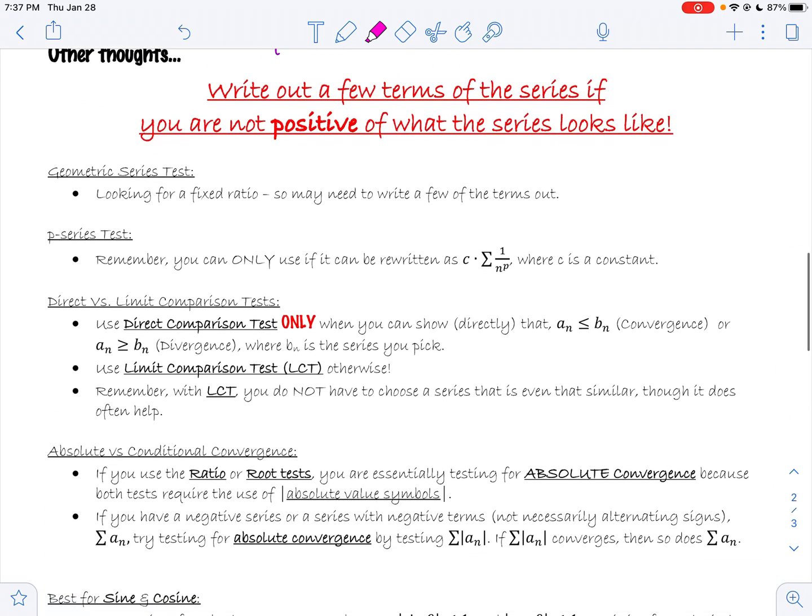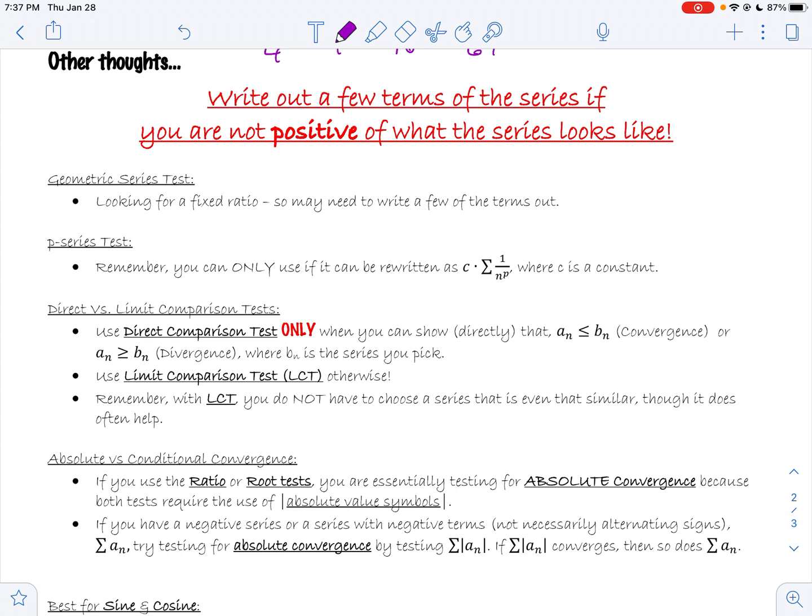And then some other thoughts that I wanted to say. First, and this is really important, you guys: write out the first few terms of the series if you don't know what's going on with it. If you're not absolutely positive you know exactly what it looks like, write out a couple of terms. I keep saying this because I keep seeing people making these mistakes on assessments and homework I get back. People don't realize it's actually a nice, easy geometric series, which you would see if you wrote out the first few terms.